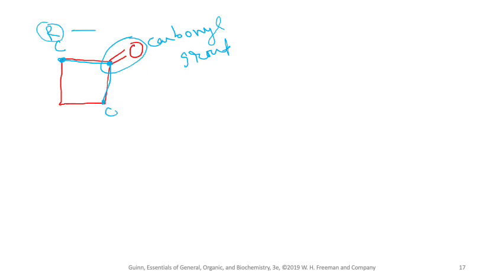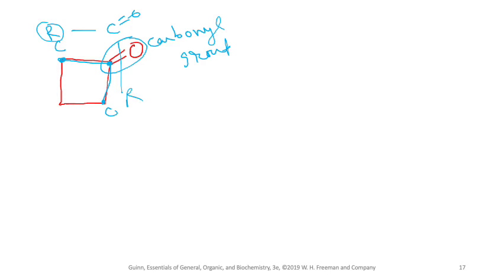But if I modify this compound with something like this, what is this compound now? This is a ketone. How would I know? Because this carbon, which is a carbonyl group, is attached to a carbon, and this carbon is also attached to a carbon, so that means R-C double bond O-R, RCOR, a ketone.